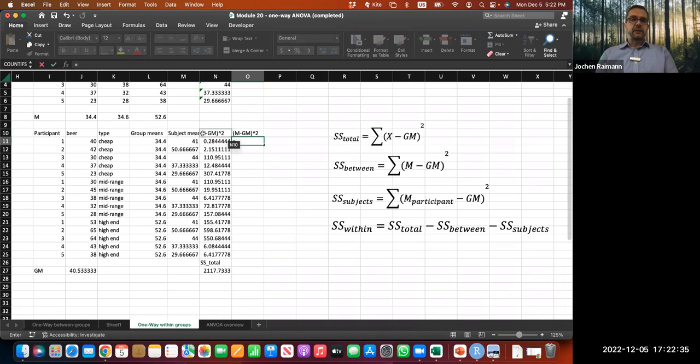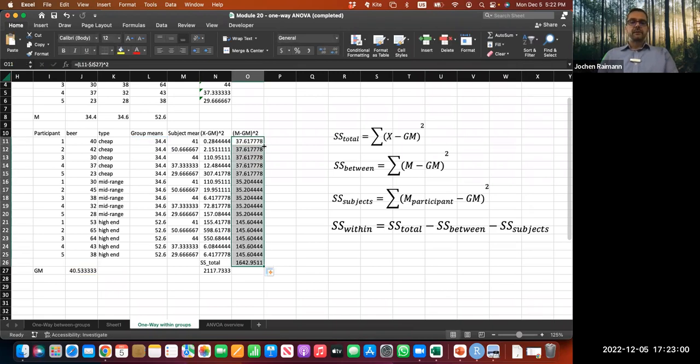So this is now our m from here. Again with parentheses, the individual m minus our gm, that we need to again lock in with a dollar sign, because otherwise it's going to change. We're squaring this. We're pulling it all the way down, not that far.